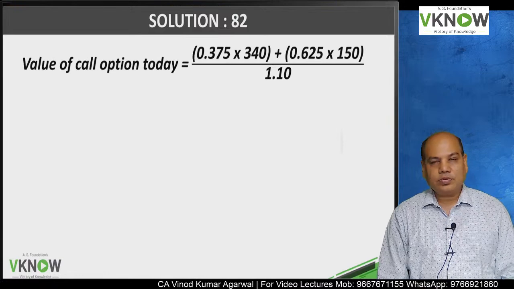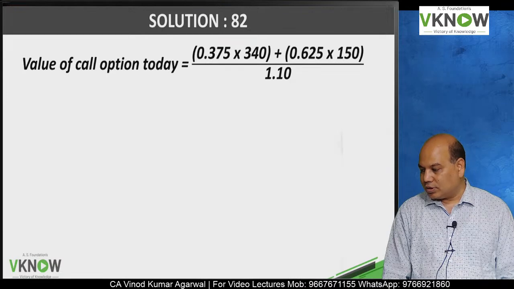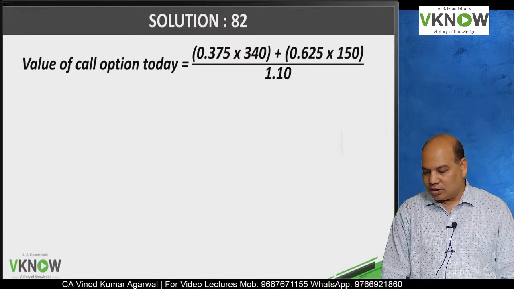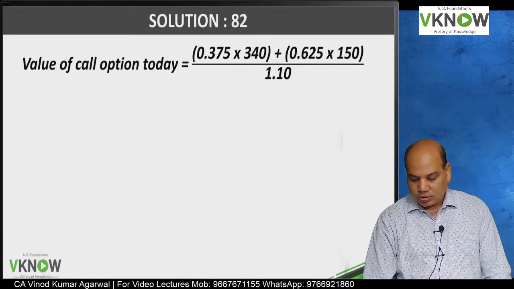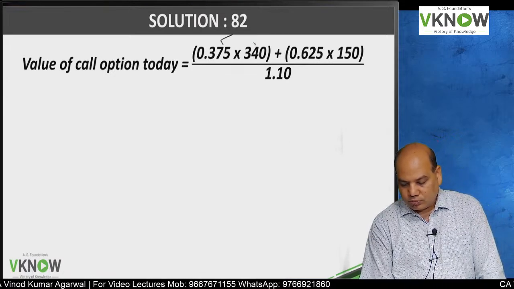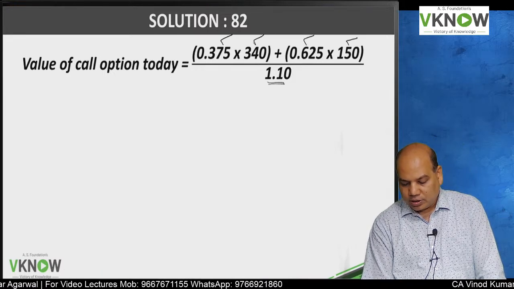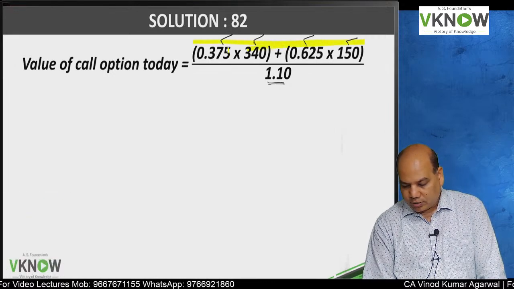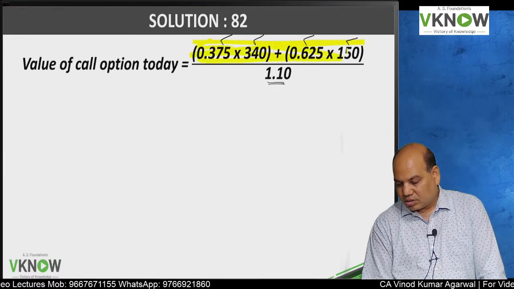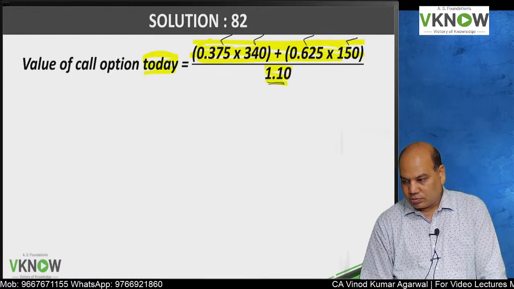So write down please, after writing that diagram. Have you noted the diagram? Yes. So now write down the value of call option today: probability into value plus probability into value, and divide by 1.10, because the value you are getting is after 1 year, and dividing by 1.10 gives you the value in year 0.